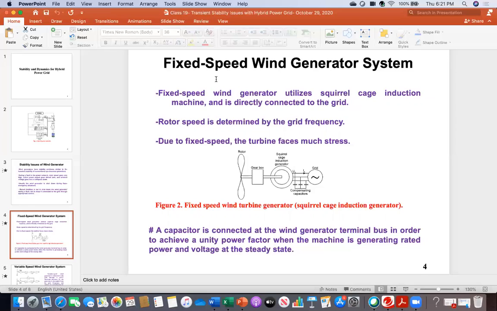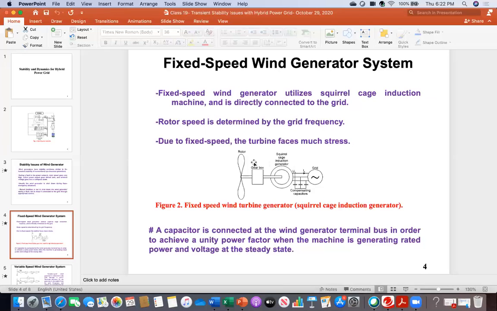It is intermittent in nature. It is stochastic in nature. So fixed speed wind generator does not mean the wind speed is fixed. The meaning is that with the help of a control system, you are keeping the shaft speed almost fixed, almost constant.